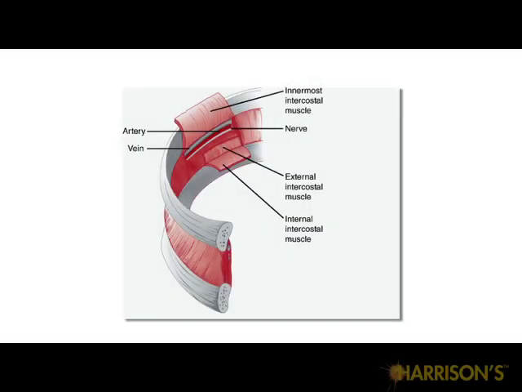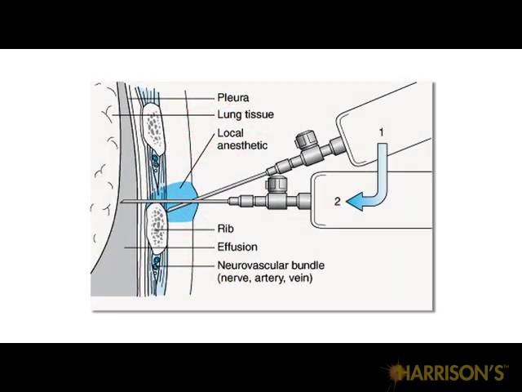The chest wall consists of skin and subcutaneous tissues, intercostal musculature, ribs, and the parietal pleural surface. Intercostal vessels and nerves run laterally along the inferior margin of each rib.